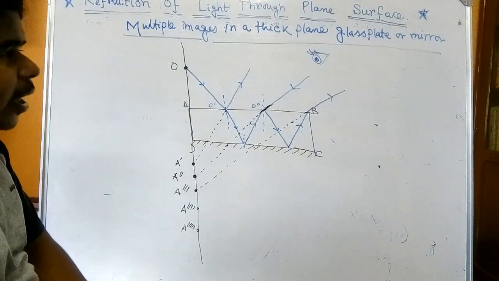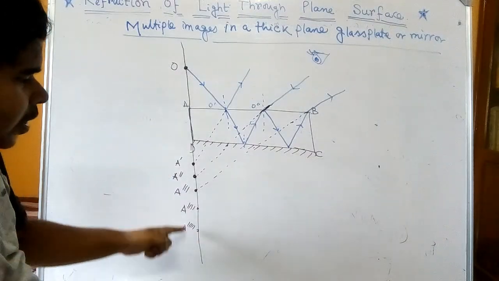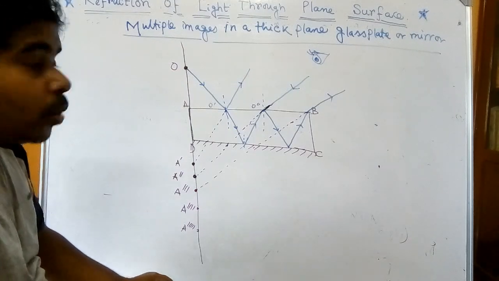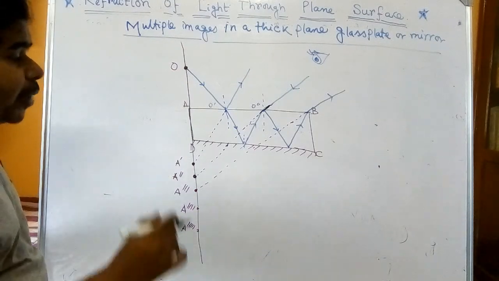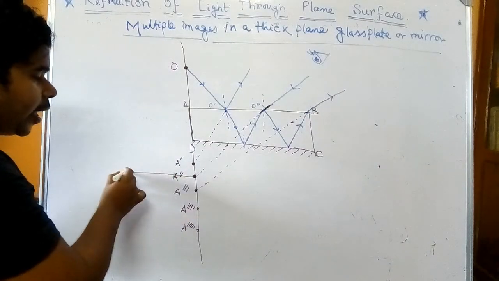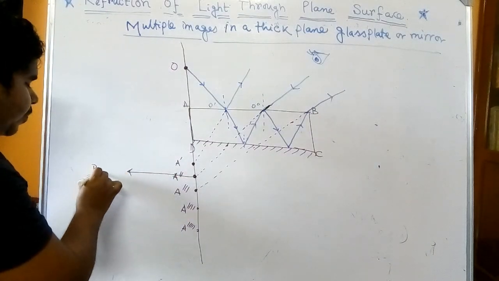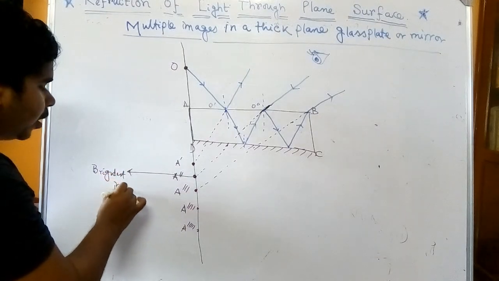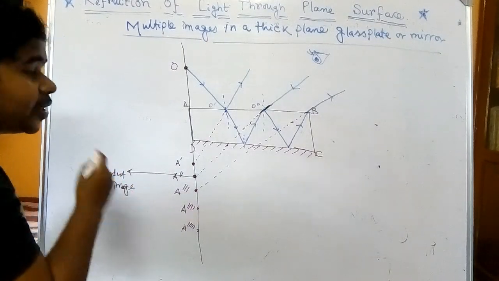Now the question has come, out of these images, which image should be brighter? Okay, out of these images, the brightest image will be A2. Now what is the reason behind it?